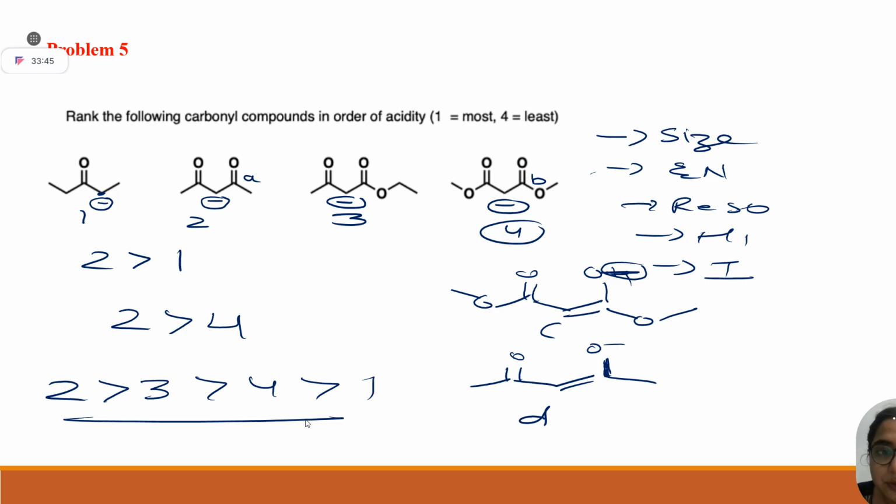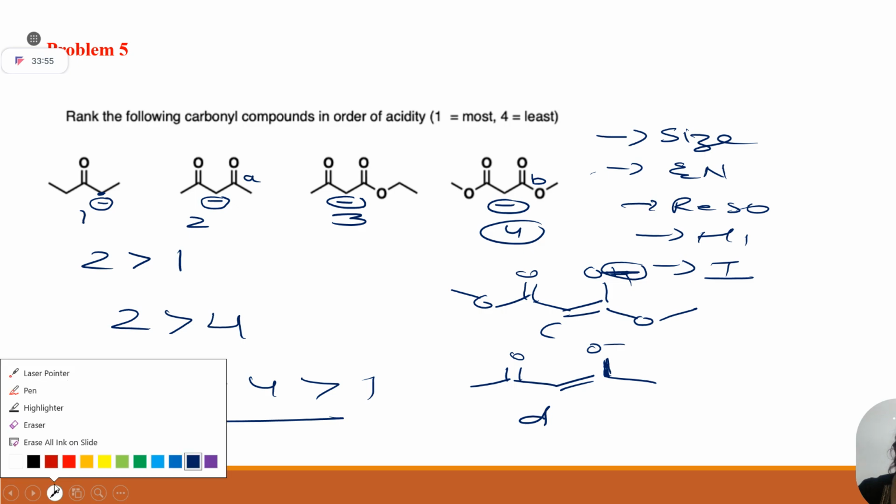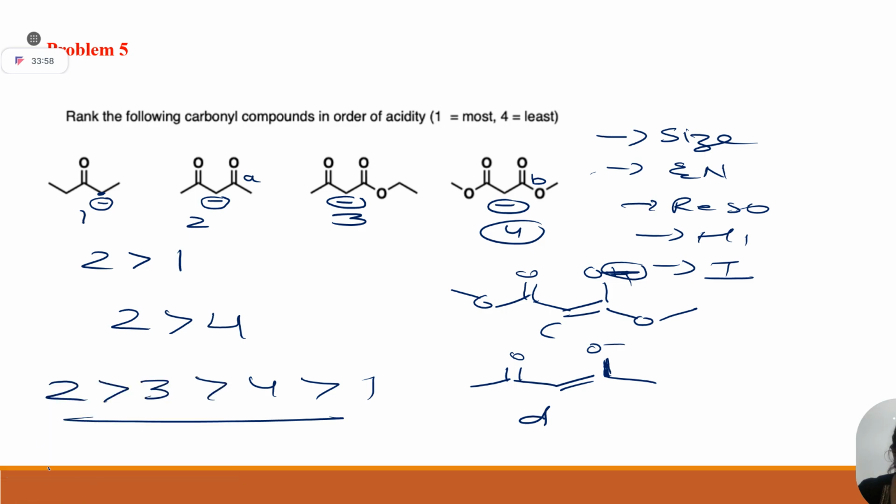Note down in your copy that active methylenes of aldehydes will be more acidic than ketones. They will be more acidic than esters. Let me write here, it will be good for you. So, from this question, I want to conclude that please keep these two things separate, enol content and your acidity.